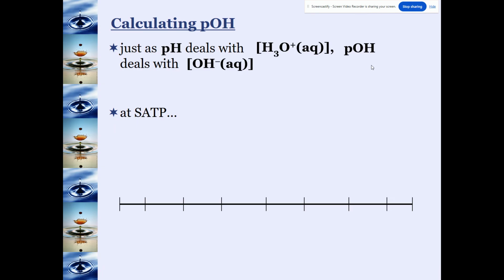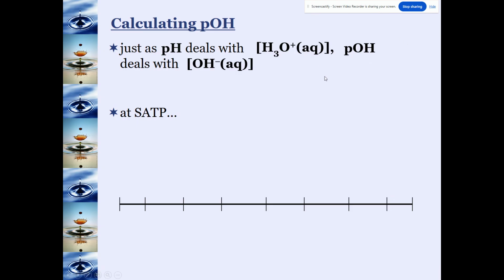When we're dealing with a basic compound, a compound that is either an ionic hydroxide or a weak base, but for your Chem 20 level pOH calculations, we're going to be dealing always with strong bases. So essentially, if you have an ionic hydroxide, you have a base.